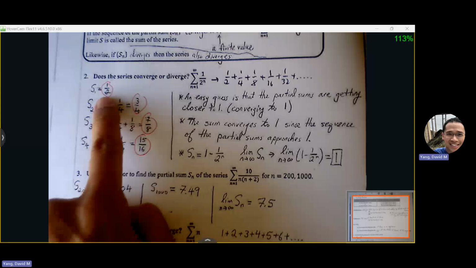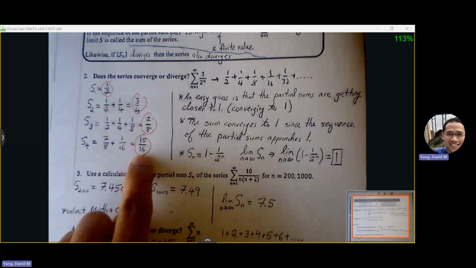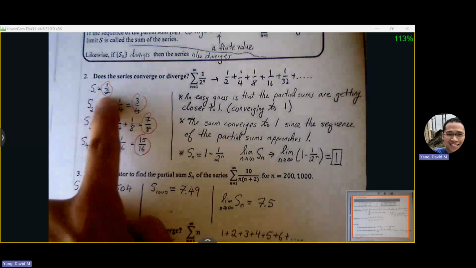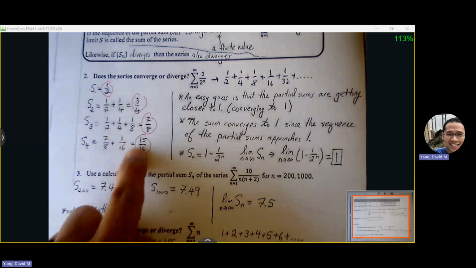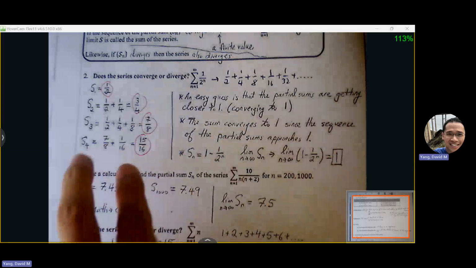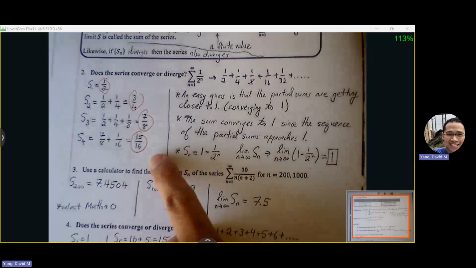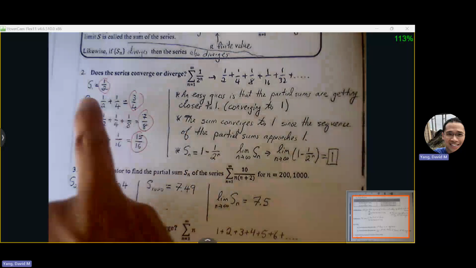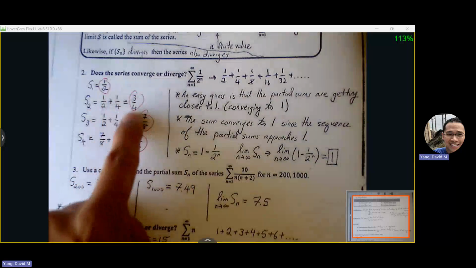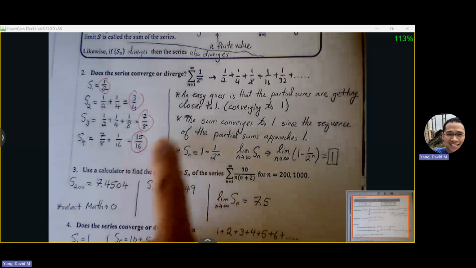Because the partial sums 1/2, 3/4, 7/8, 15/16 feel like they are headed towards a certain number, we can predict that this sum will head towards a predictable number, because these numbers are all increasing, but it looks like it's headed towards 1, right?